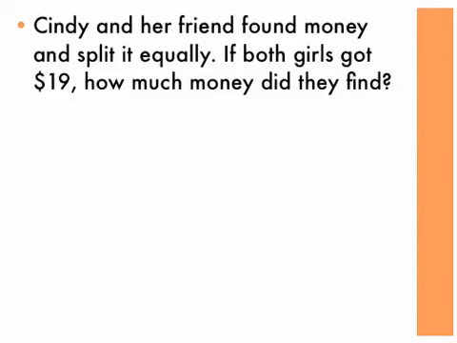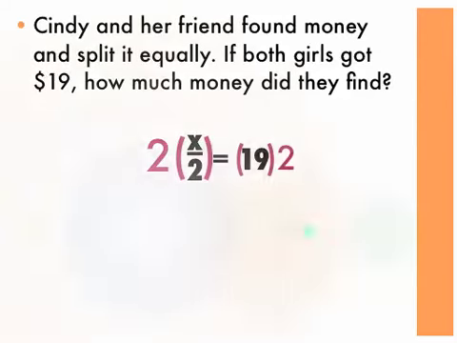After it was divided by 2, each girl got $19. So I could say that x, the amount of money found, divided by 2 equals 19. When I solve for x, I need to multiply by 2 on both sides. When I multiply by 2 on both sides, I find that x equals 38, or the total amount of money that they found was $38.